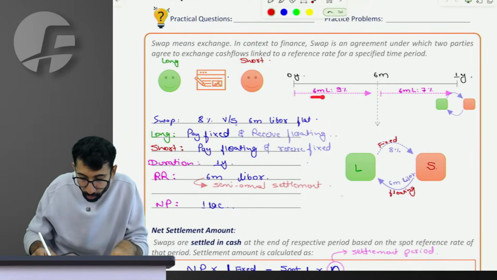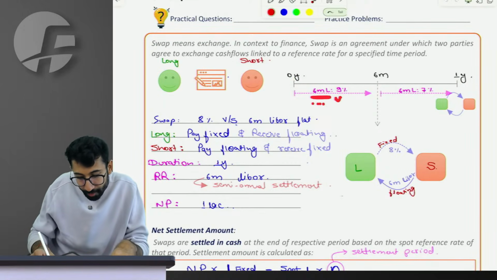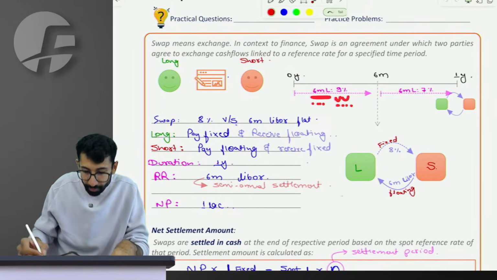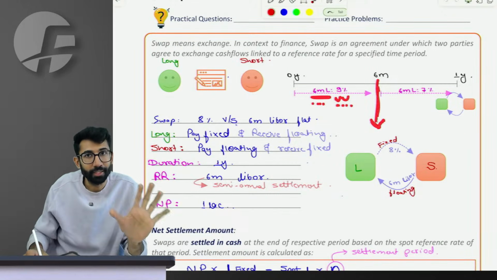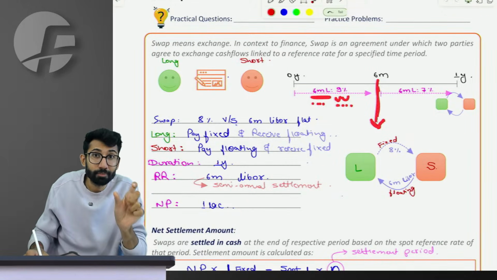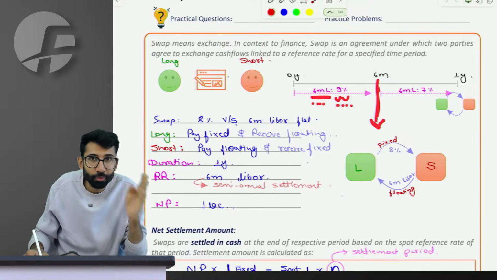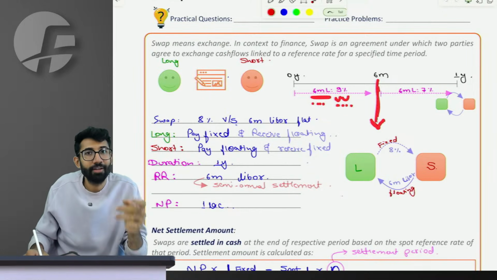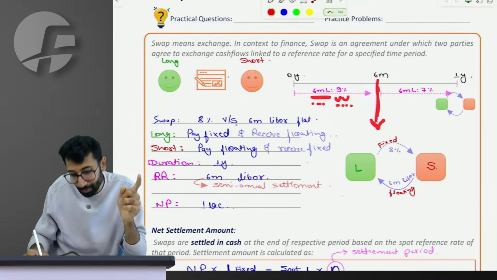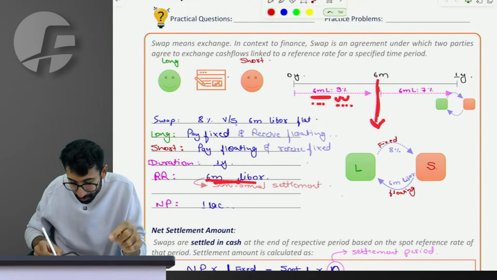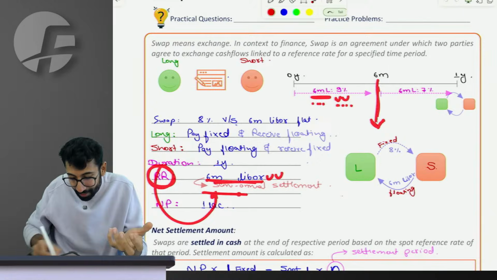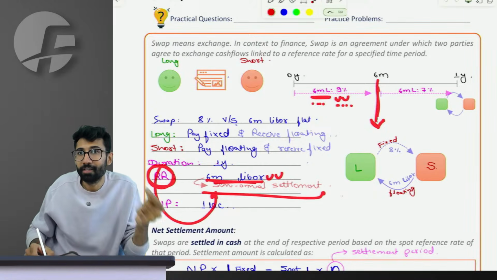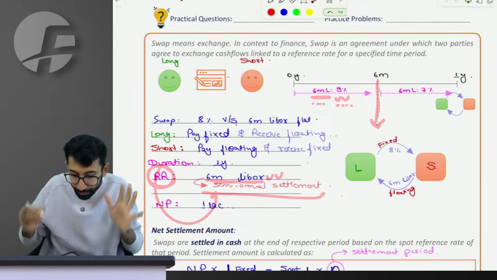After entering, we got to know that the 6-month LIBOR is 9%. The settlement will happen at the end of 6 months, because the 6-month LIBOR is applicable for 0 to 6. So the reference rate of this contract gave us the clarity that the settlement has to be semi-annual.